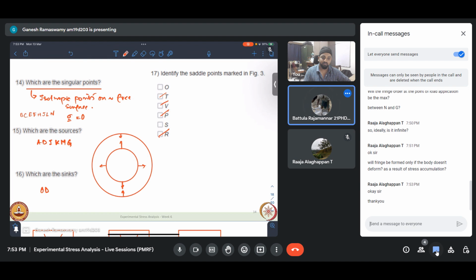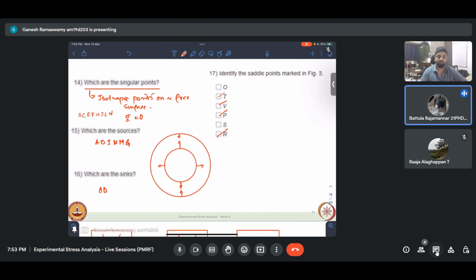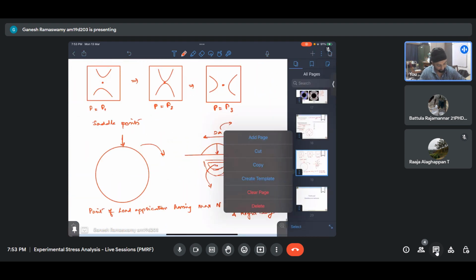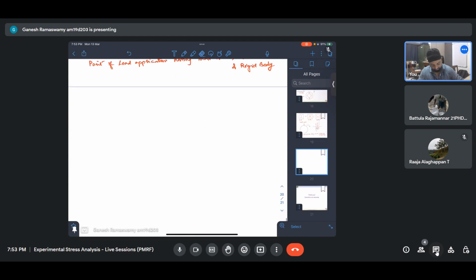Mr. Rajamanar, did you have any question? Which point? One minute, let me try to understand what you're trying to ask. We take two circular discs of different materials but applied with the same load.